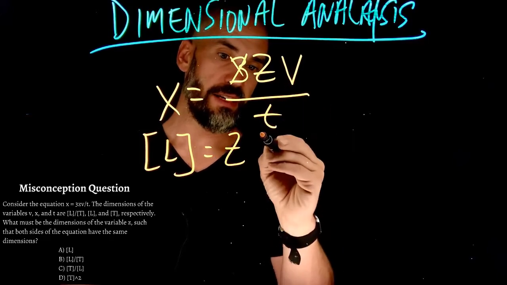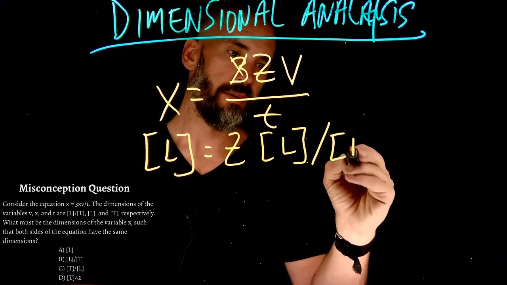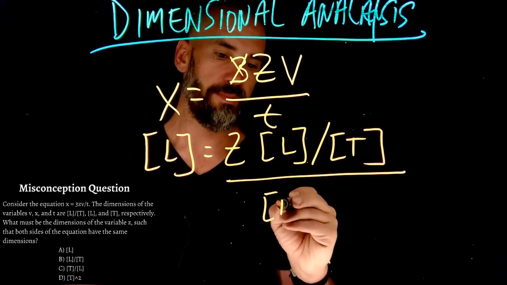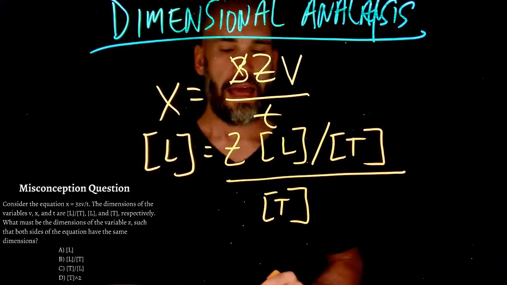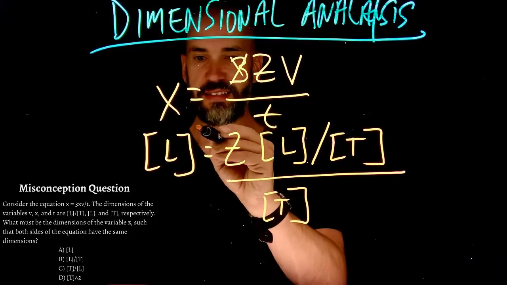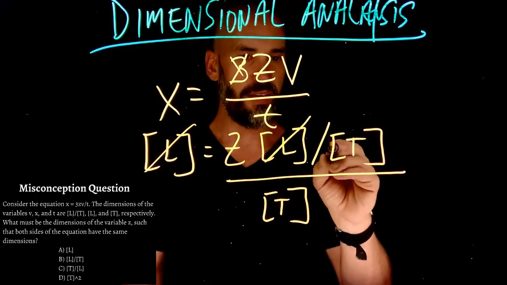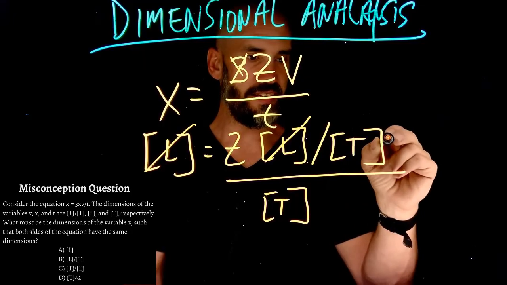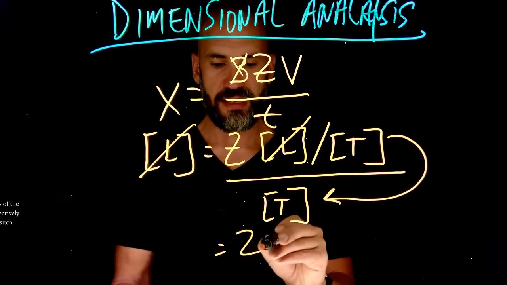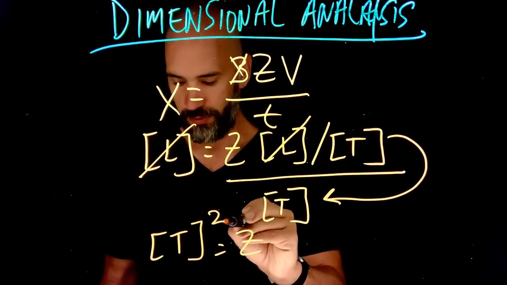We know that v is length divided by time, and we know that we have time here on the bottom, okay? And so here's what we know. This L here will cancel with this L here, right? And we know that this is L over T. This T is technically here on the bottom, which means that z is really just time squared, right?